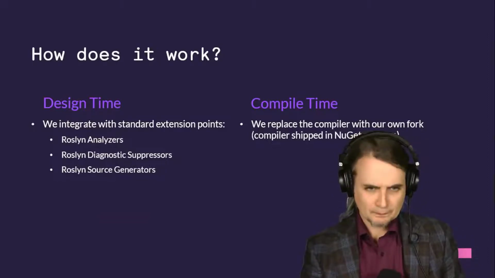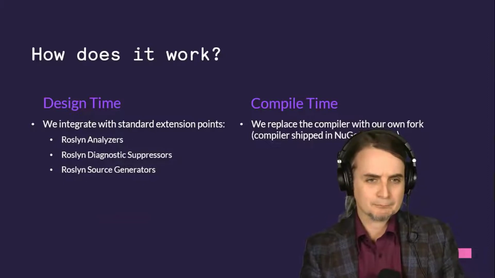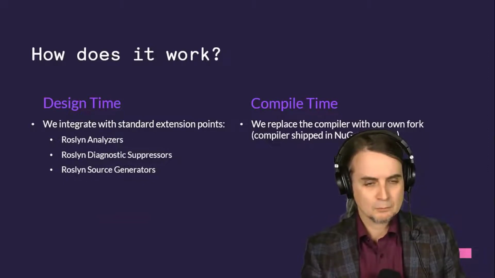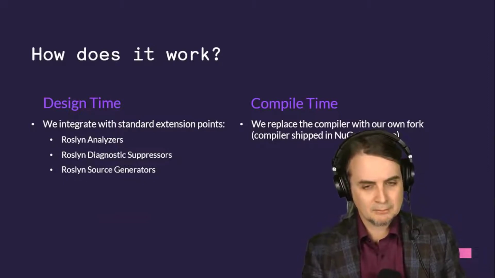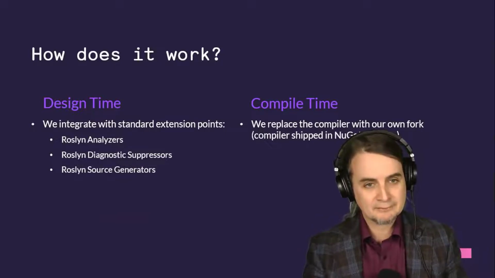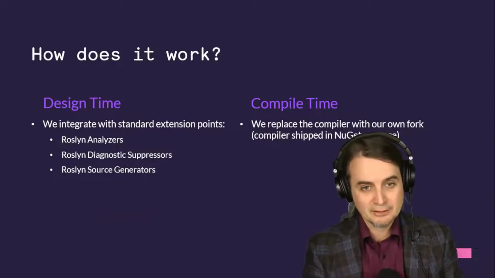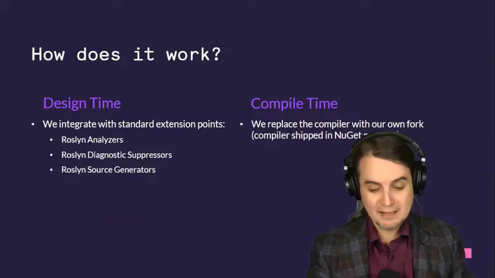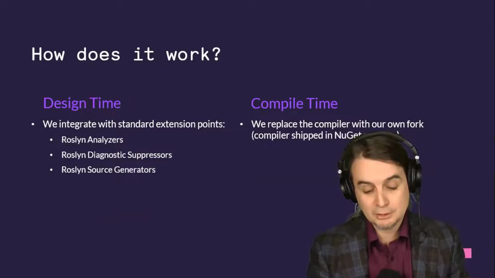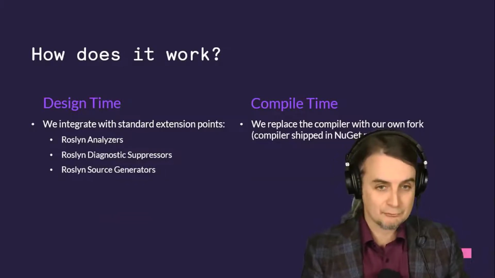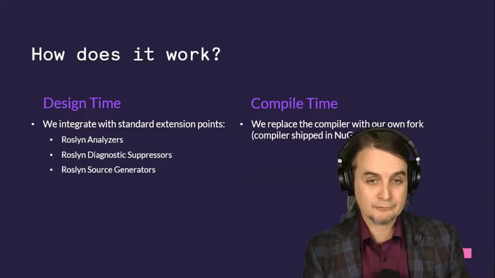So how does it work? We integrate with Roslyn at design time and at compile time. At design time, we integrate with the standard extension points. We do not add our own extension points, because Roslyn is hosted by Visual Studio and you install Visual Studio.